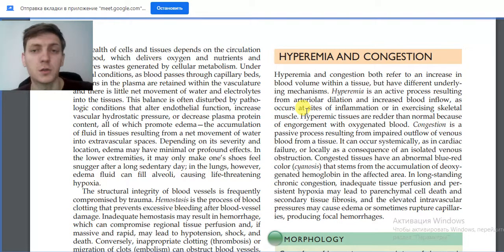To afford these changes in the tissue, we need a larger blood intake, and that's caused by hyperemia.